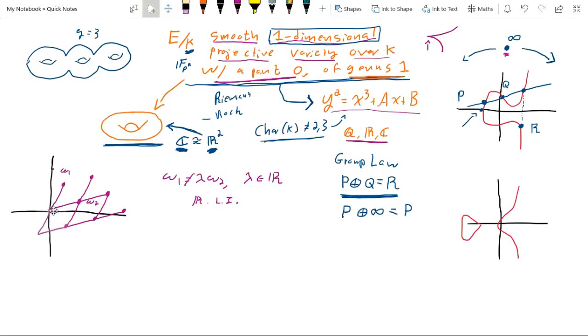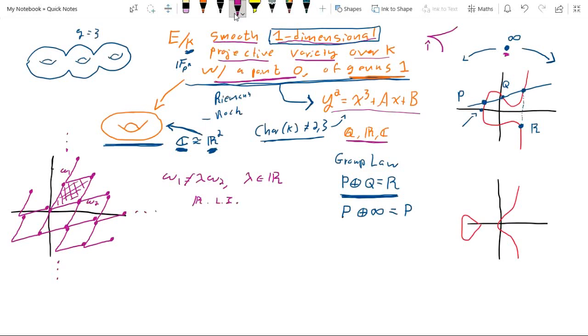I've picked my vectors omega 1 and omega 2, and I'm considering the vector from the origin to omega 1 and omega 2, and I'm translating these two vectors, and continuing to do this until I've completely tiled the complex plane by these parallelograms. So really, I've tiled the whole complex plane by just a bunch of copies of this fundamental parallelogram.